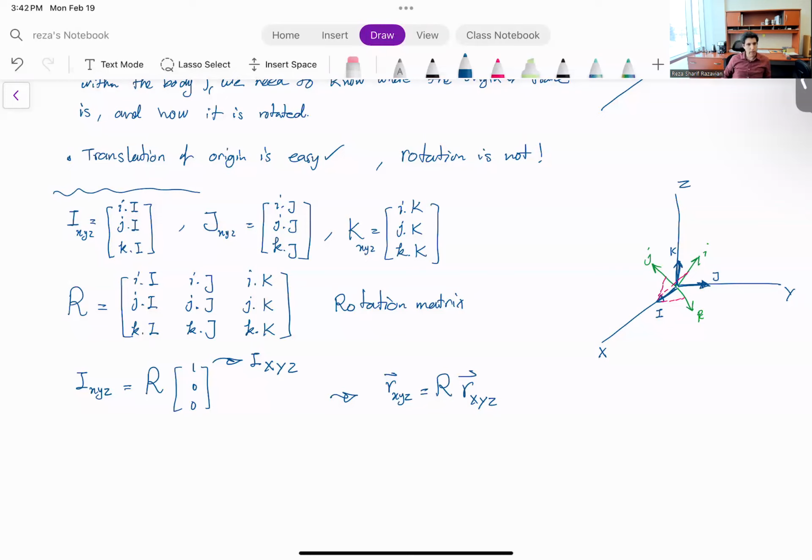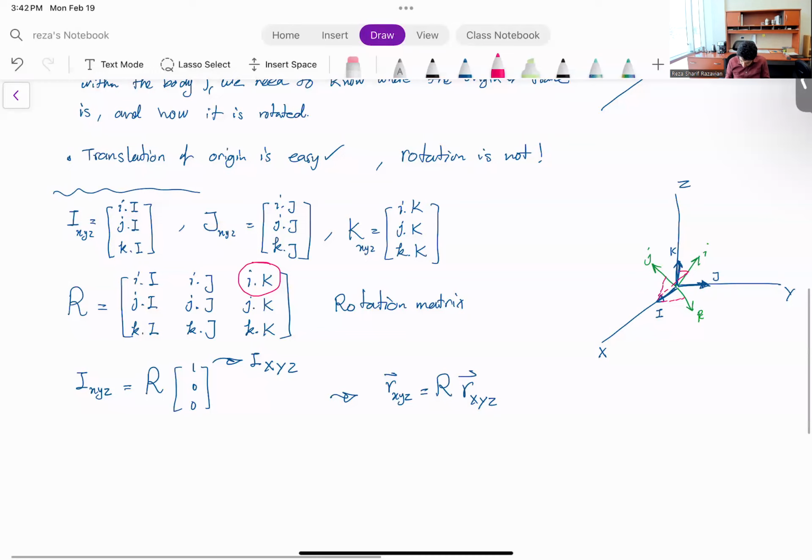So a few things. One thing, any of these terms, so I dot k, we are dot producing, is that the right word? I don't know. Dot producting two unit vectors. And what do I have here? I dot k, which one is which? Oh, this is a good one.